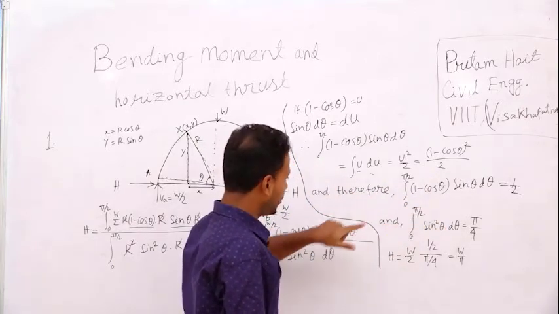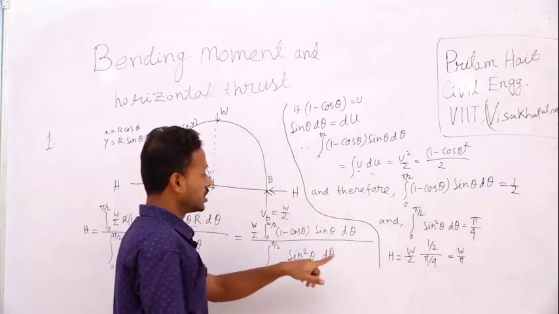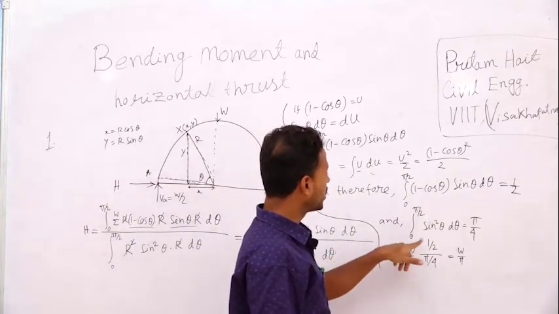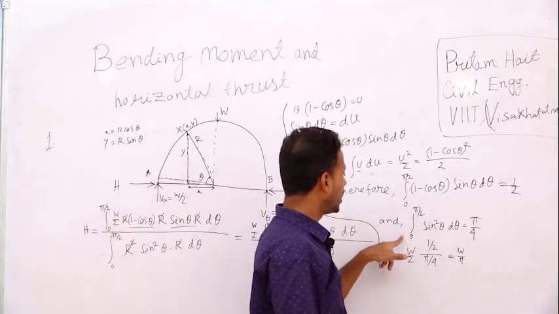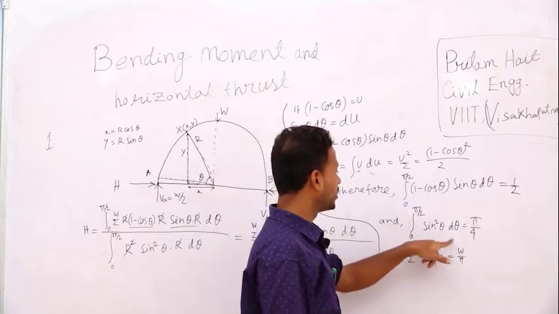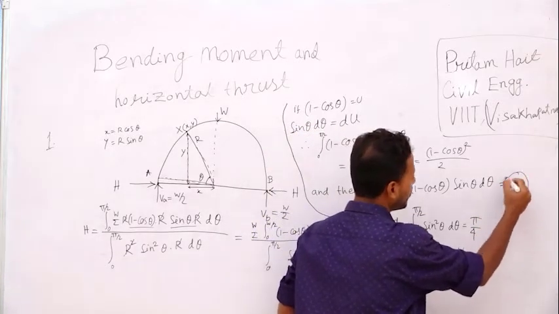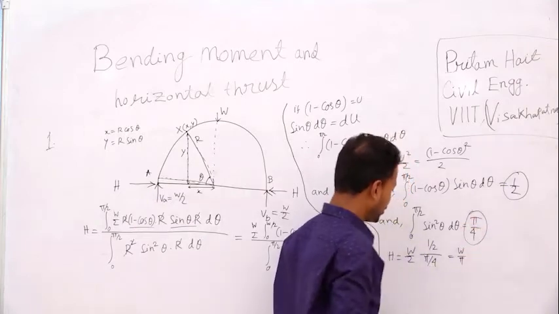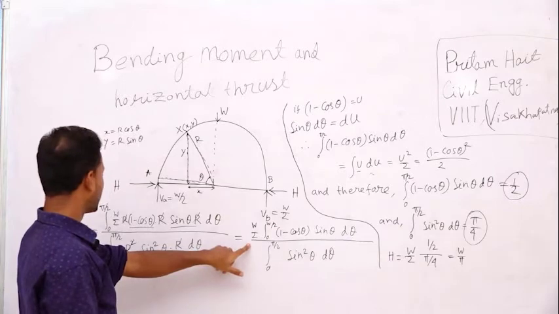Okay, now this is the numerator and the denominator is sin square theta d theta. In the same way, if you integrate sin square theta d theta and put the lower and upper limits, you will get pi by 4. So you get the numerator half and denominator pi by 4, and previously you have w by 2.